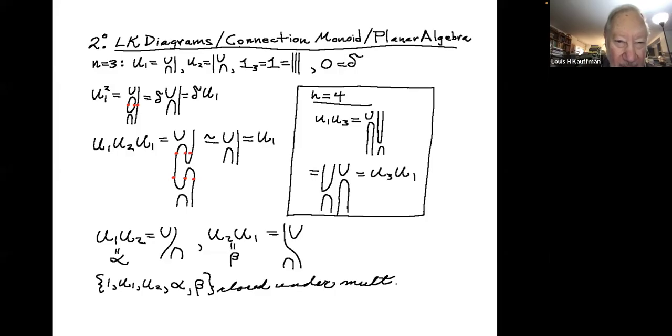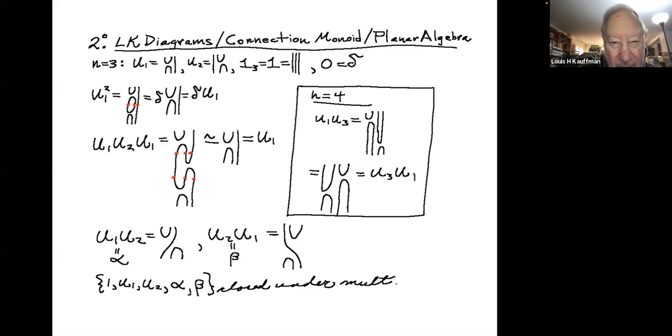And then you multiply by attaching the lower strands of one element to the upper strands of the next element. That's the composition. Then you find that Ui squared produces a loop, and so Ui squared is delta Ui.